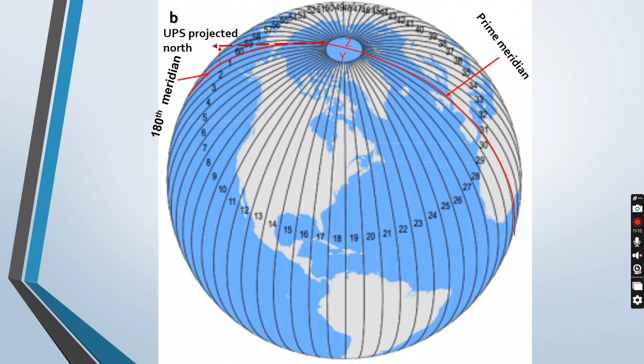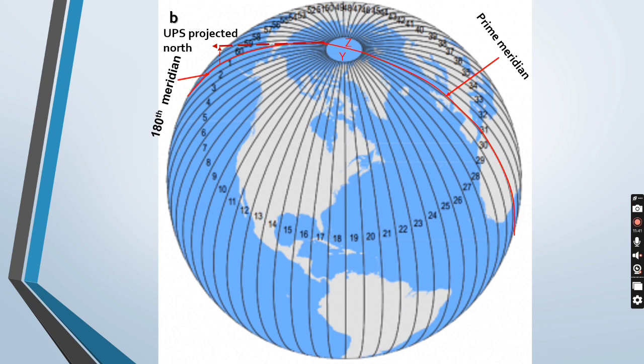Okay, so in such areas, some slightly separate projection techniques are used. That is called the Universal Polar Stereographic coordinate system, UPS in brief. It is used in conjunction with UTM, the Universal Transverse Mercator coordinate system.